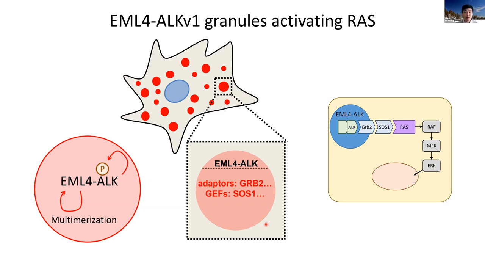For this talk, I just show it's an example showing how we can use even a small scale library of endogenously tagged proteins for the purpose of discovery, for identifying players in a certain pathway.